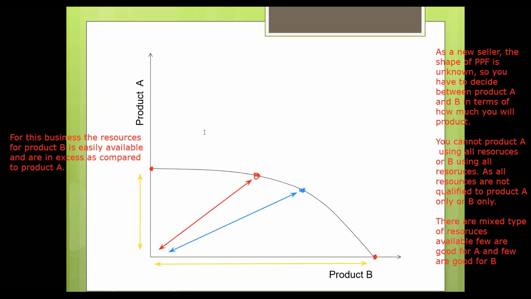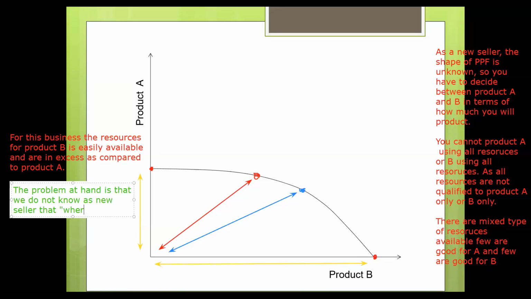So let me write it with a different color. The problem at hand is that we do not know, as a new seller, where this blue point is which is furthest from the origin.